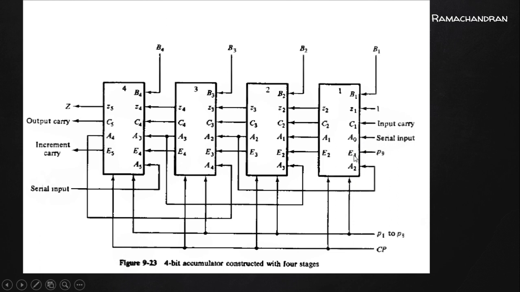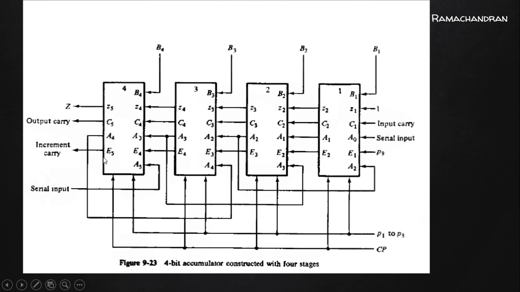So based on this value, this E1 and the present state of our A1 decide this E2. That E2 decides what value comes in the A2 state after increment operation. So the present state of A2 and this E2 decide what value comes in this A3 state after increment operation, and so on.